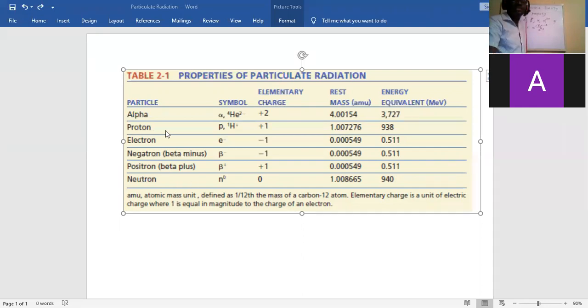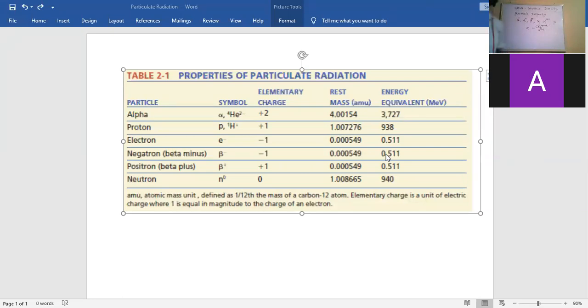Then for the electron, the electron has a negative charge, and the rest mass energy is 0.511 MeV. Very, very important. This number is very important for us in nuclear medicine, especially when we are looking at the rest mass of an electron.